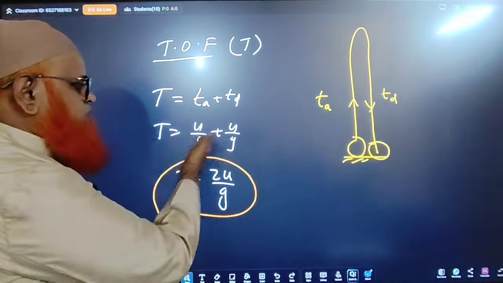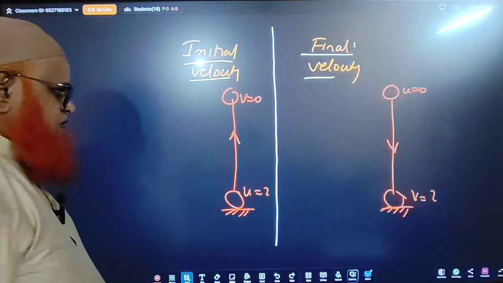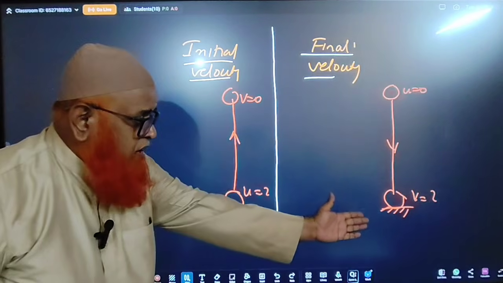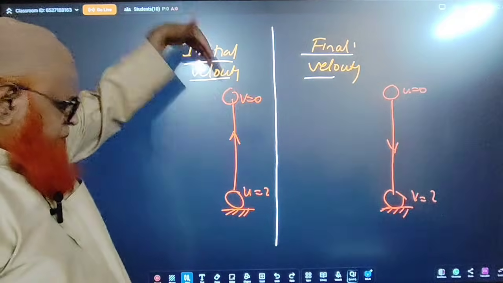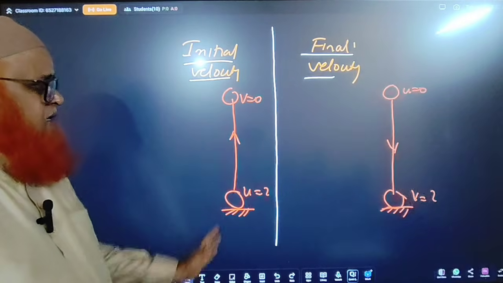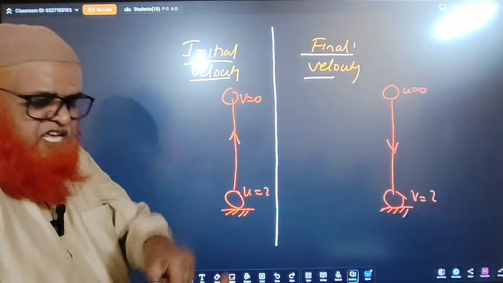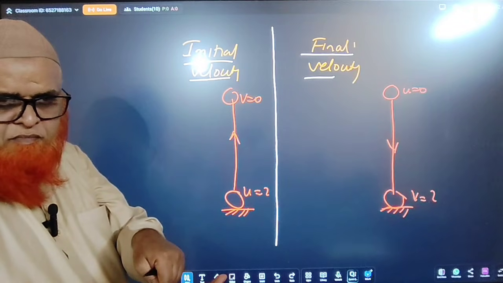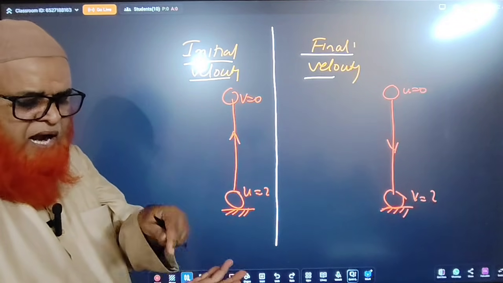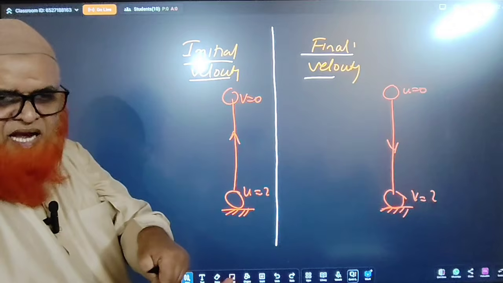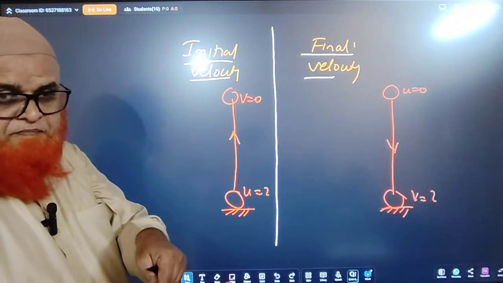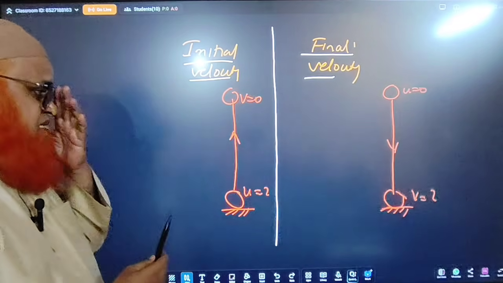That's why both have the same formulas. With how much speed you throw a body upwards, with the same speed it strikes the ground. With how much speed you throw a body from your hand, with the same speed it strikes the hand if the hand position is not changing. Understood? So that is called initial and final velocity.